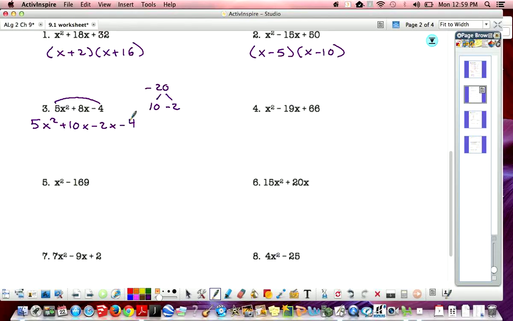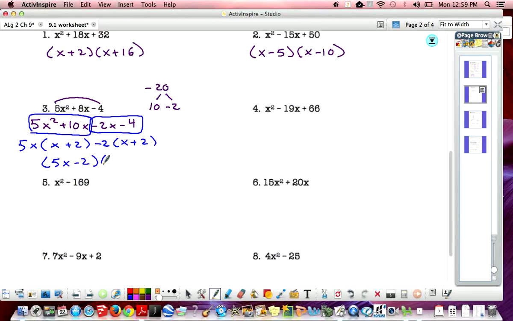And you can now factor it by grouping. If I group the first two together, I can factor out a 5 and an x. I'm left with x plus 2. The last two terms have a minus 2 in common. Notice how I get x plus 2. Combine the outsides: (5x minus 2)(x plus 2). Of course, I can always FOIL to check.